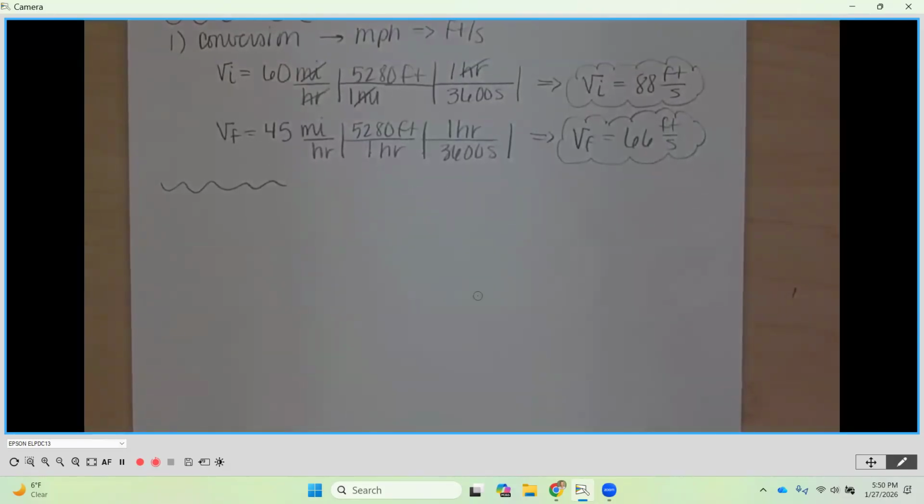Okay, everybody gets 66 feet per second and 88 feet per second for the two velocities. Awesome.